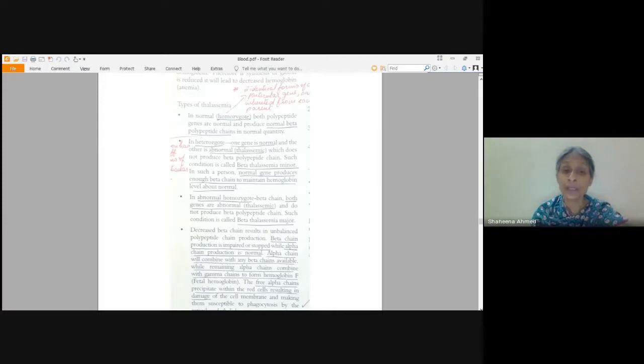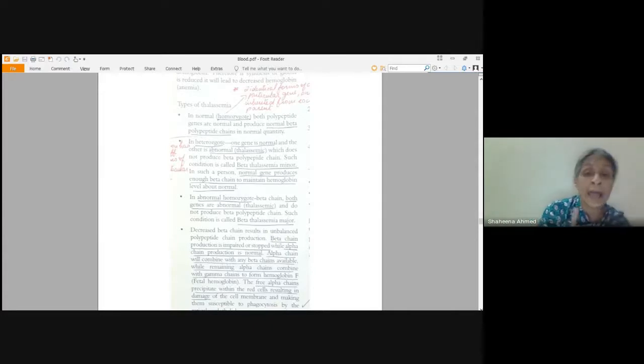Now, the normal gene produces enough beta chains to maintain normal hemoglobin levels. So, this person basically becomes a carrier because the normal beta gene produces enough beta chains which compensate for the abnormal gene also. So, in thalassemia minor, these patients are carriers, and usually their hemoglobin remains normal or might go a little below normal, but technically they are around normal.